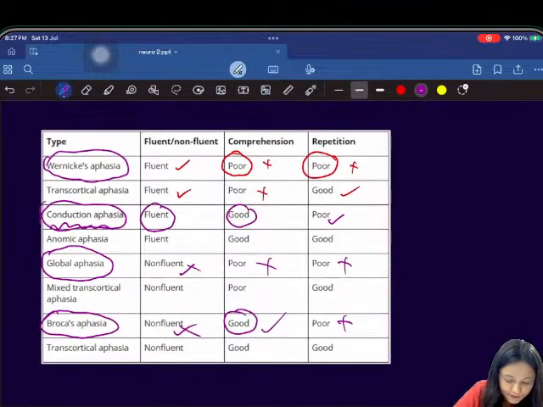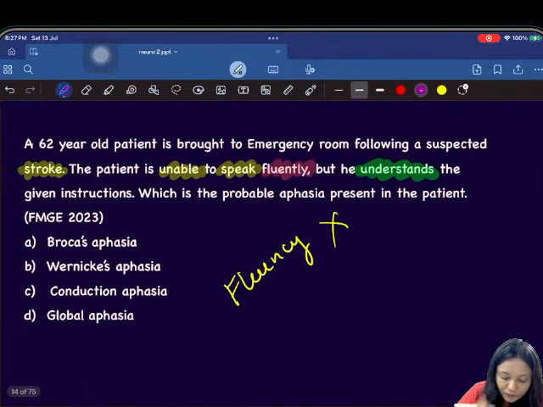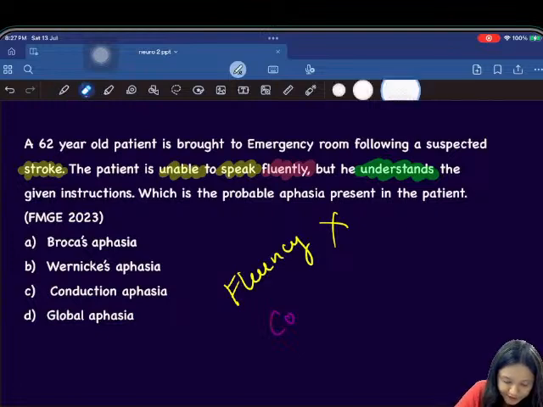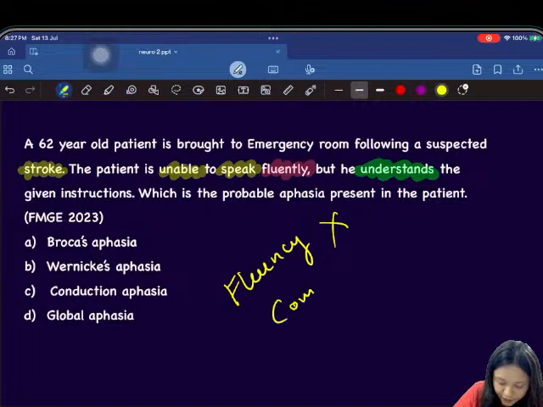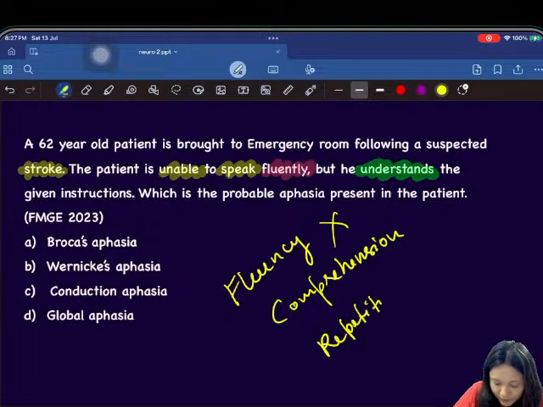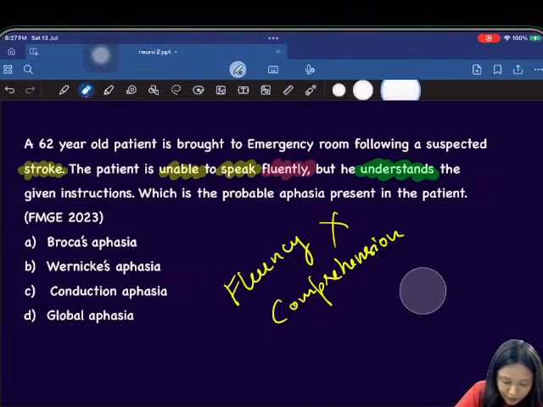Now see in this question, comprehension means he is able to understand. Whenever you get this question, they have not mentioned anything about repetition, it's nil, so we will not think about it.